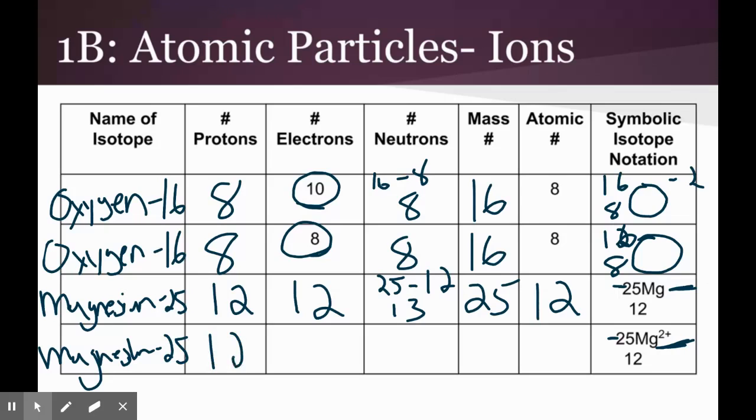Okay, so we'll have 12 protons and 13 neutrons because the atomic number is 12 and the mass number is 25. So here we have a +2 charge up in the top right-hand corner, which means that the element has lost 2 electrons. So if it started off with 12 electrons and it lost 2, that means it's now down to 10.